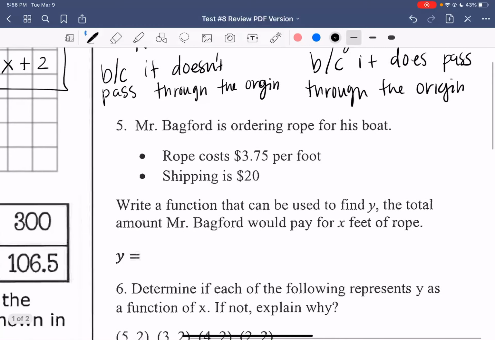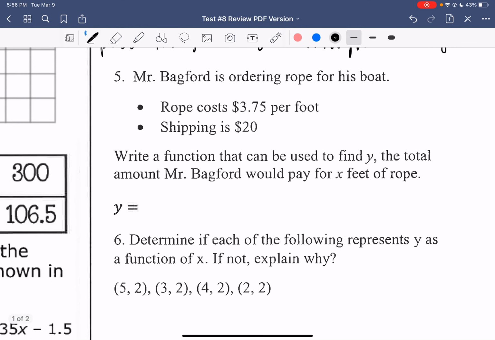Okay, number 5. Mr. Bagford is ordering rope for his boat. The rope costs $3.75 per foot. The shipping is $20. Write a function that can be used to find y, the total amount Mr. Bagford would pay for x feet of rope. So this is where we want to talk about constants and variables.